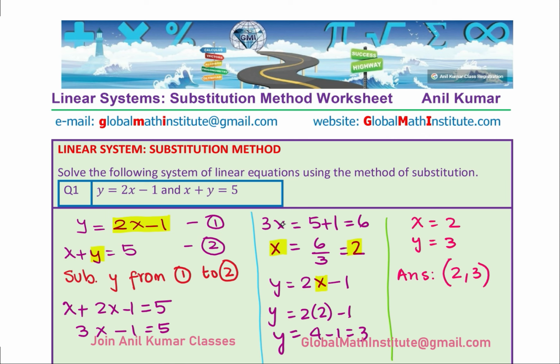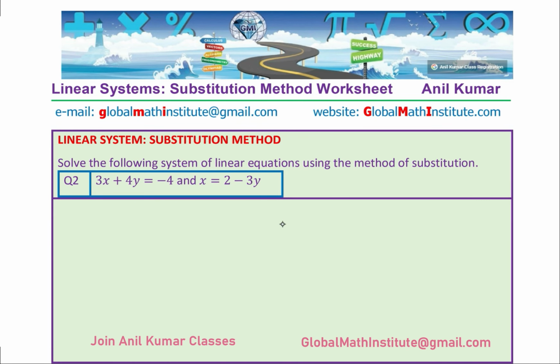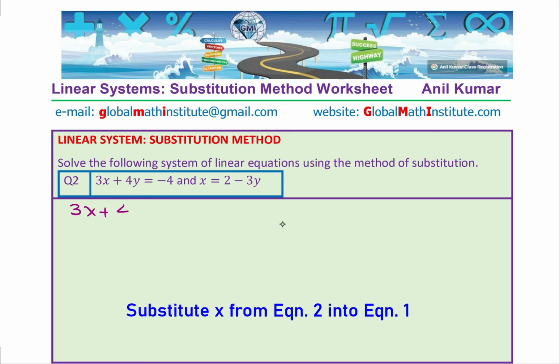Perfect. Now let us look into the solution of question number 2, which is given to us as 3x plus 4y equals minus 4, and x is equal to 2 minus 3y. As before, we'll number these equations as 1 and 2.